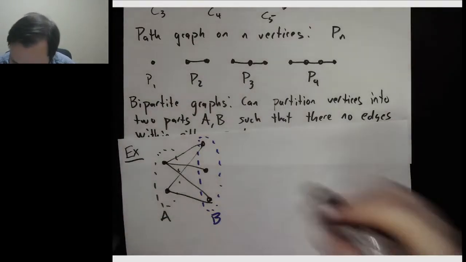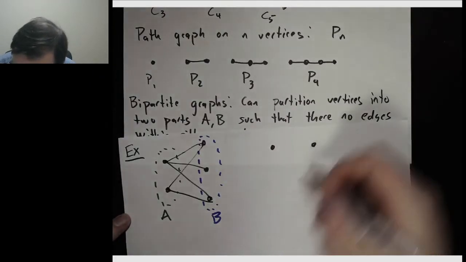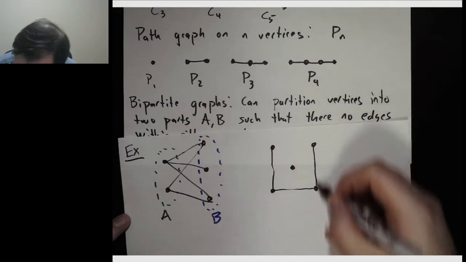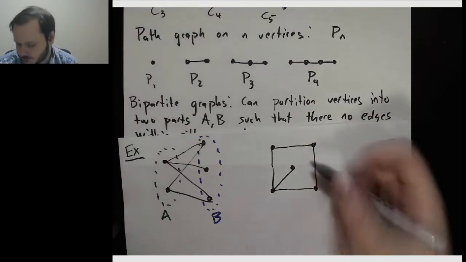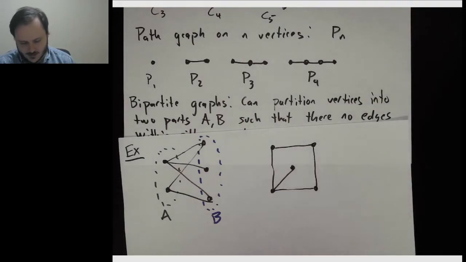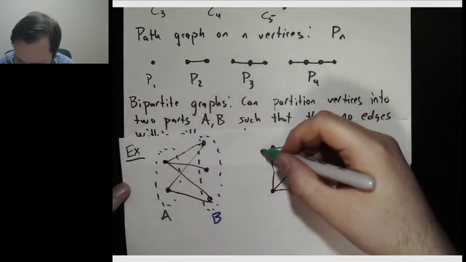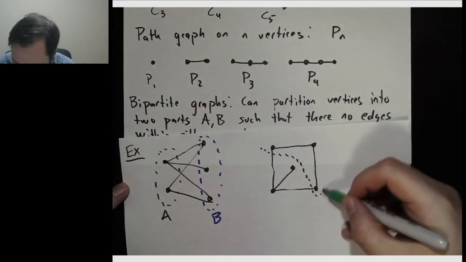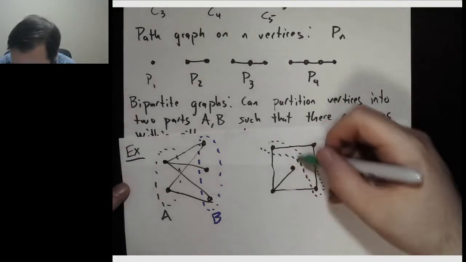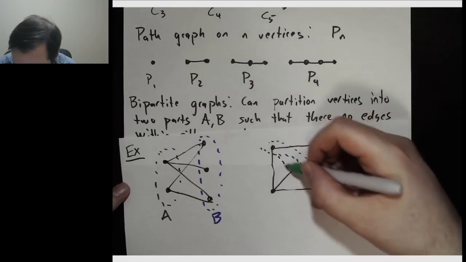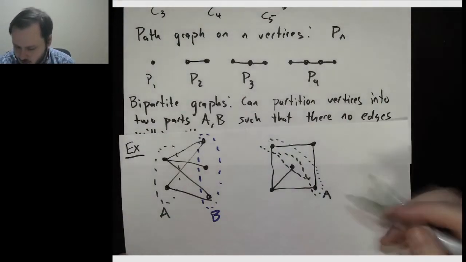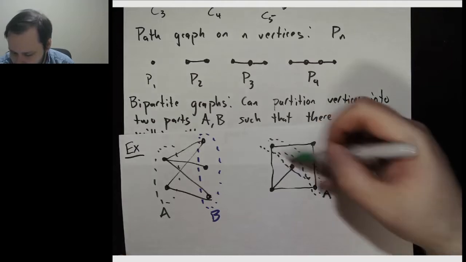But they don't always have to look like this. Here's a tricky example. Here's a graph. It's not immediately obvious if this graph is bipartite, but I'm going to make this, including this one in the middle, my part A. And you can see with these 3 vertices, there's no edges going between them.